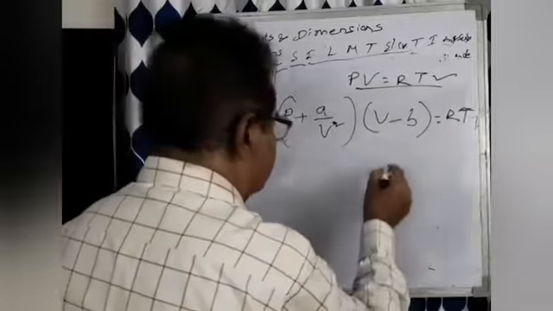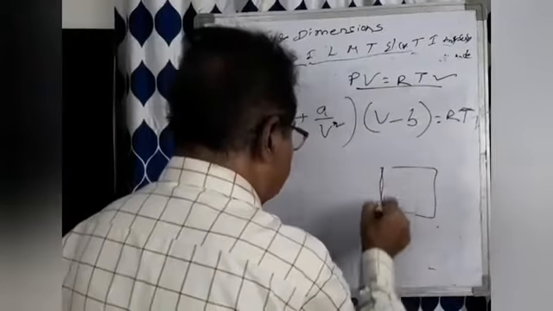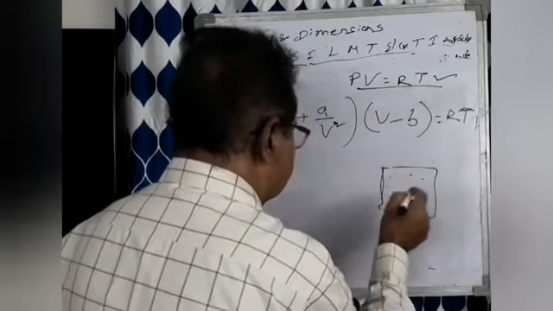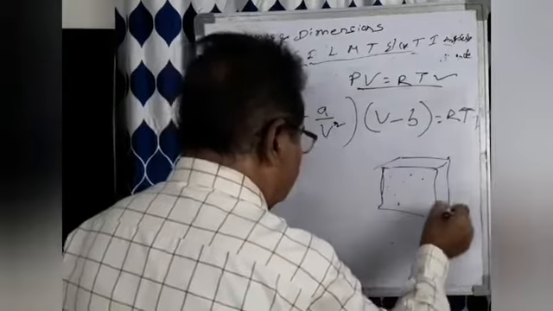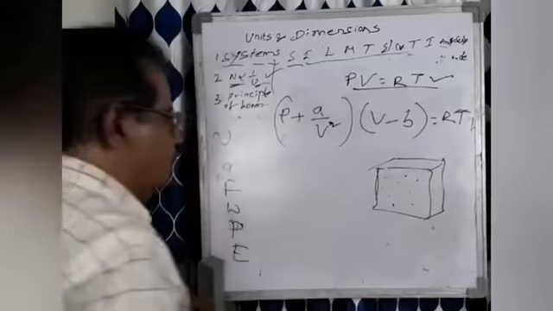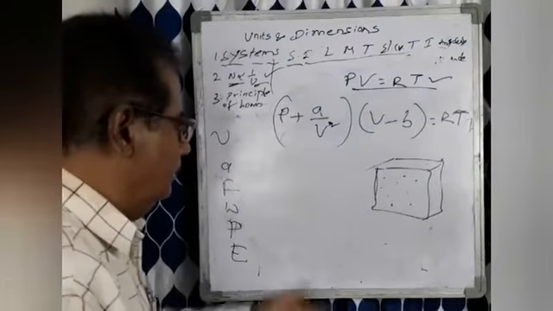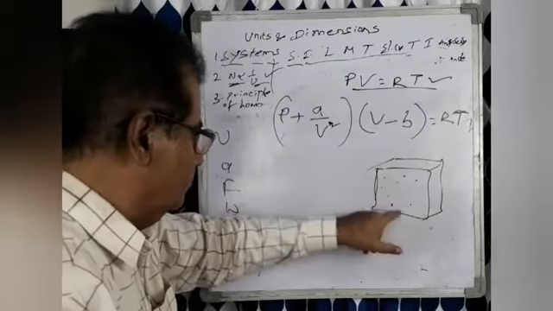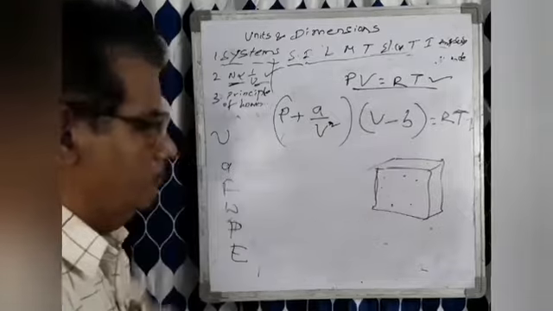What is the volume of a gas? The volume of the container itself is the volume of the gas. Volume of the container means, from the volume of the container you have to subtract the volume of the gas molecules. So that is V.